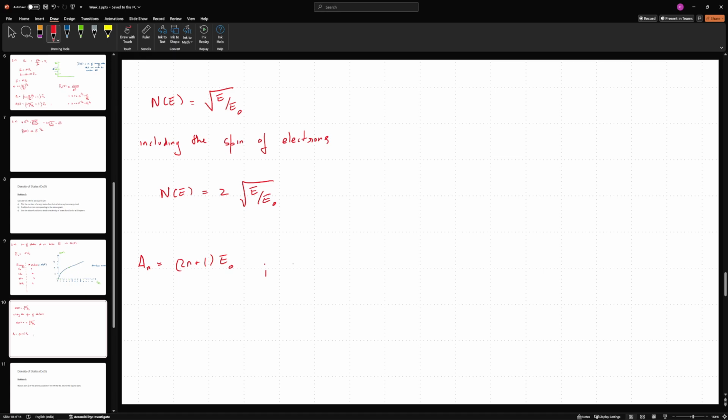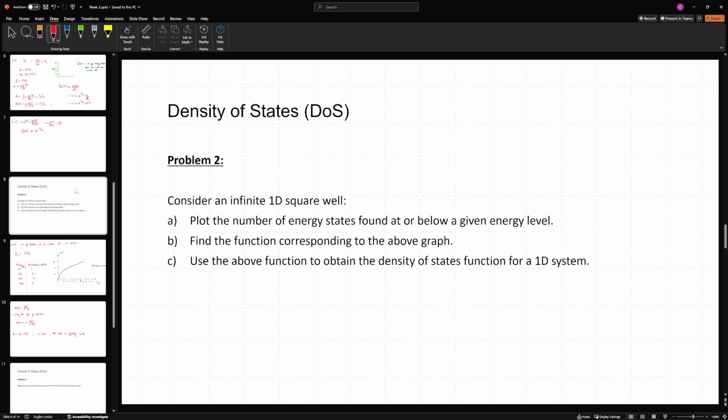Now consider the limit where A tends to infinity. That is, the well is infinitely wide. And this is exactly the system that we are describing, because I'm talking about a 1D system.